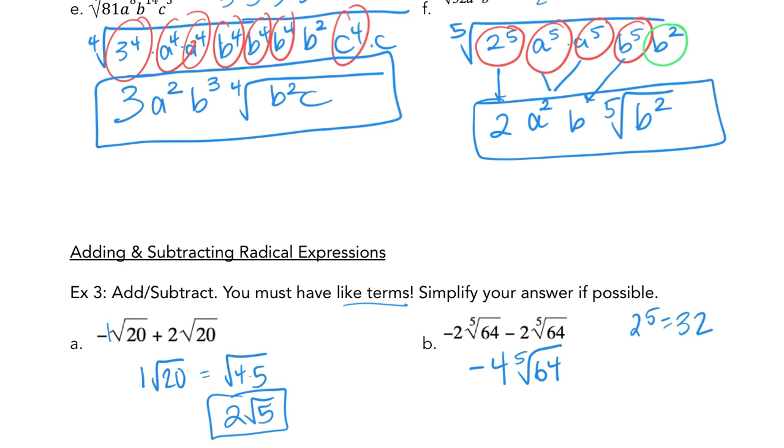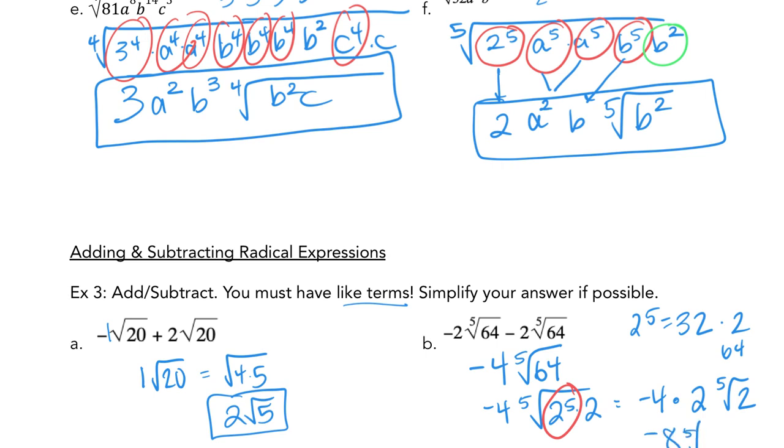And that means if I multiply that by 2, I'm going to get 64. So this is going to be 2 to the 5th times 2, which means negative 4 times 2 times the fifth root of 2, right? Because this one is a fifth that can come out. And so my final answer here, negative 8 fifth root 2.